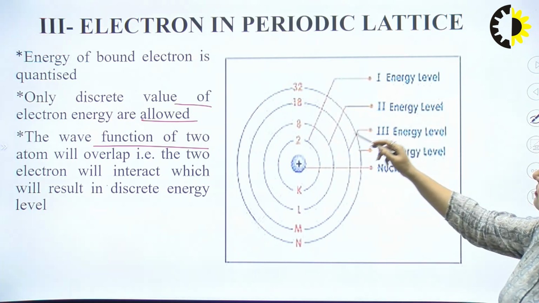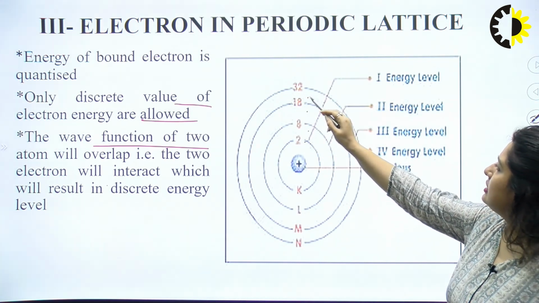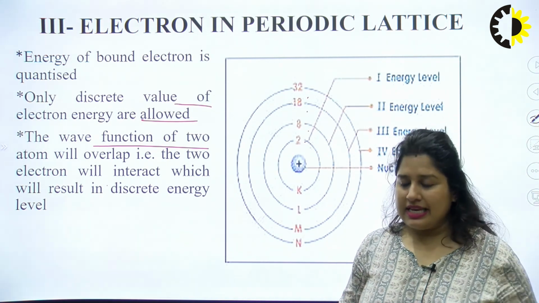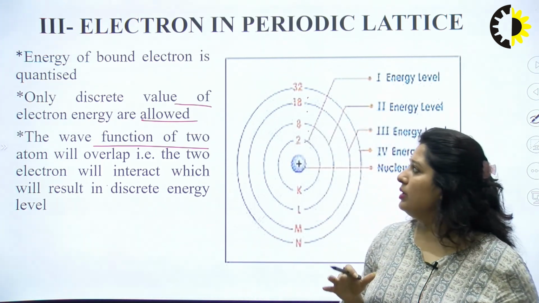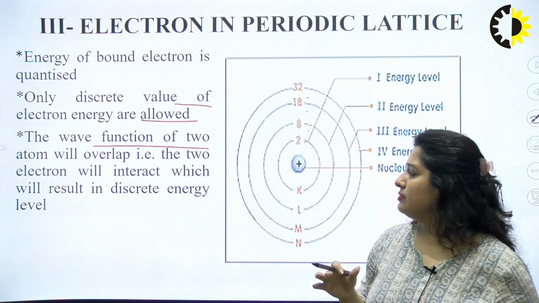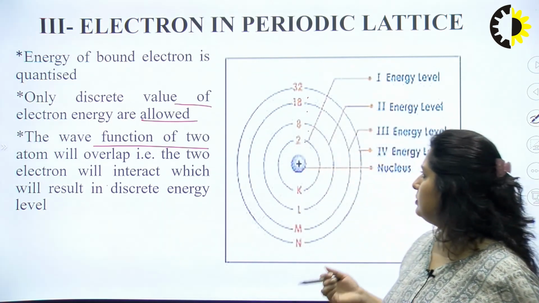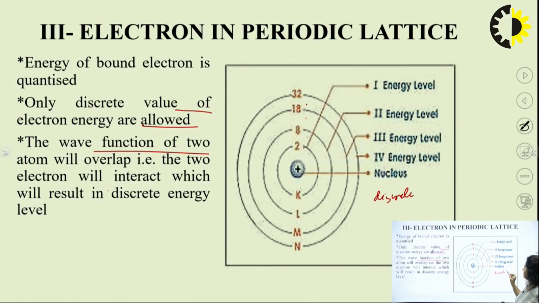The first energy level has 2, then 8 electrons, then 18, then 32. As we know that the electrons reside in discrete energy states, we have only the allowed energy levels for the electrons. No electron can reside anywhere in the energy state. So there must be some discrete energy states.